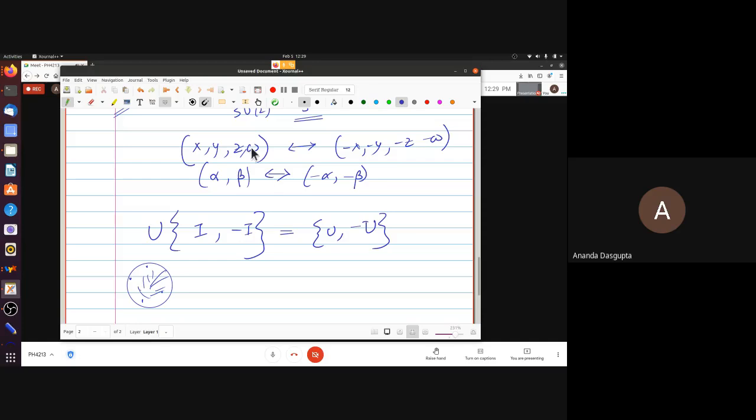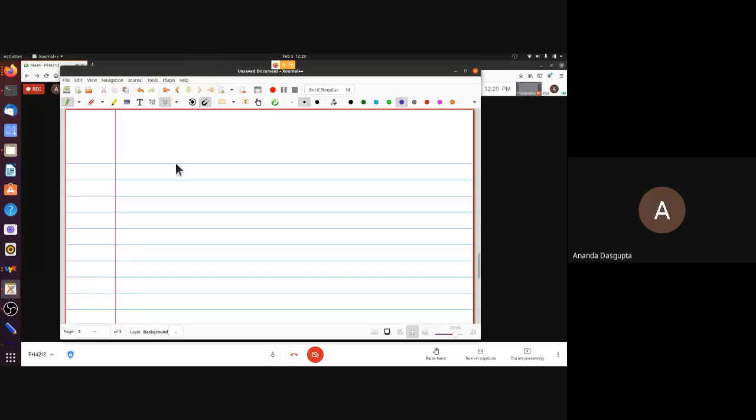Okay. But I did show you one thing, right? I don't remember whether I did show this. I think I showed this, which is how there is a homomorphism between SU2 and SO3. Did I show you that? Yes, sir, in an earlier class. Yeah.